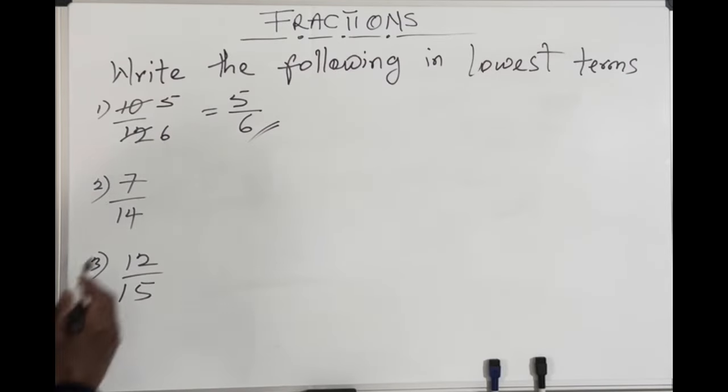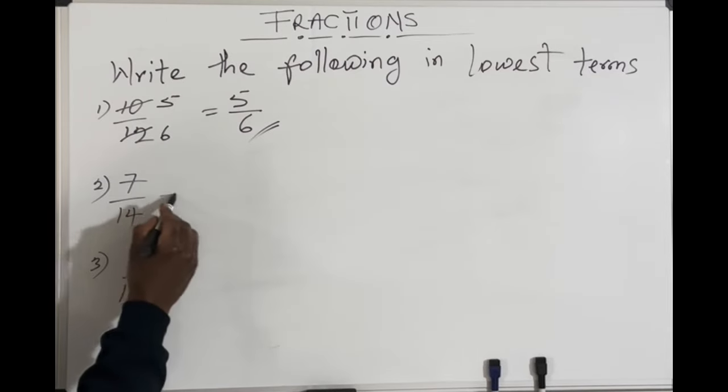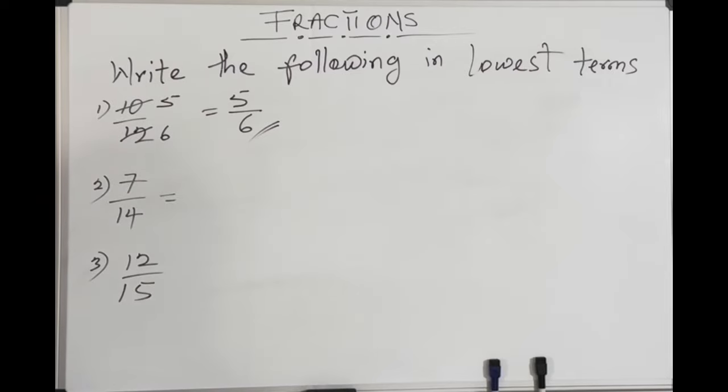Okay, we move to the second question. 7 over 14. What number can go through 7 and at the same time 14? 1, let's move on. 2. 2 times what number will give us 7? No. 3 times what number will give us 7?